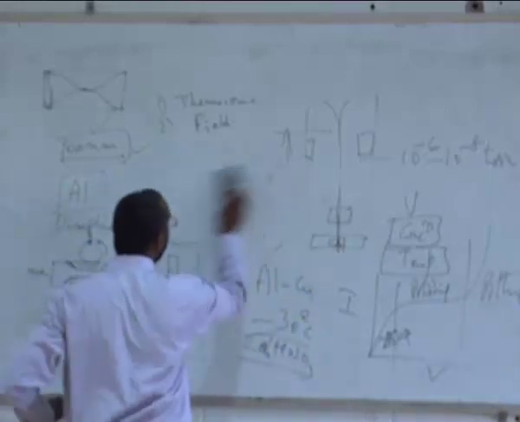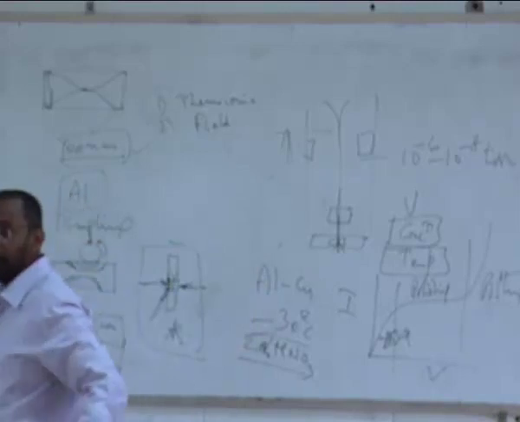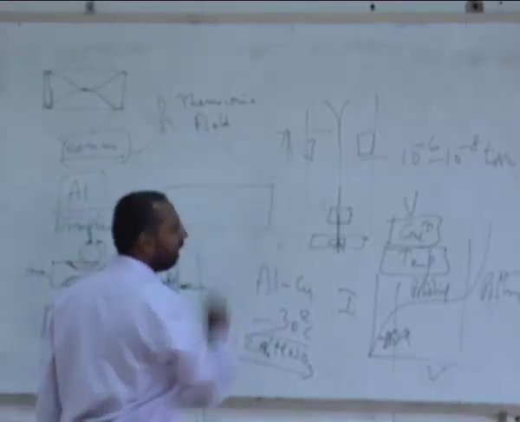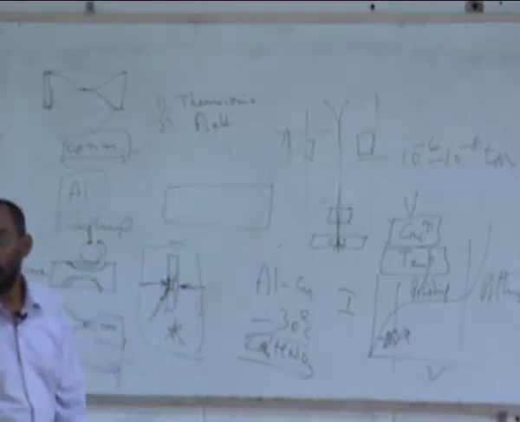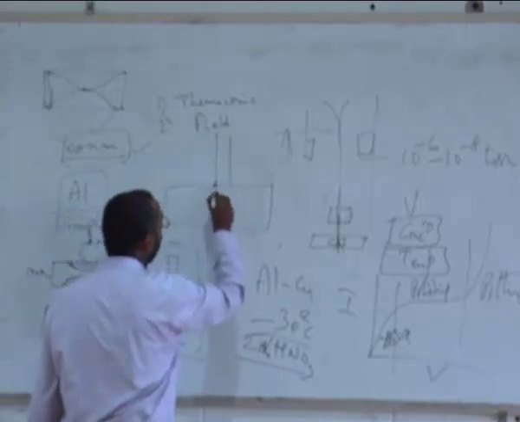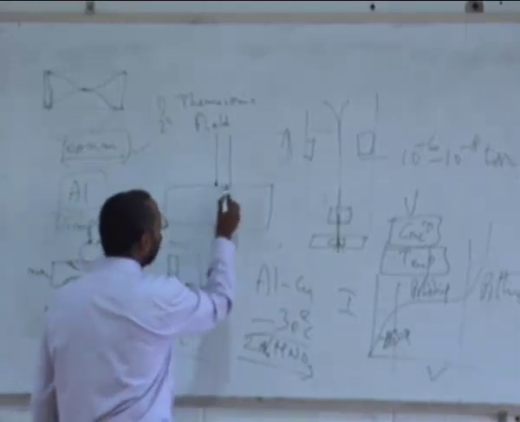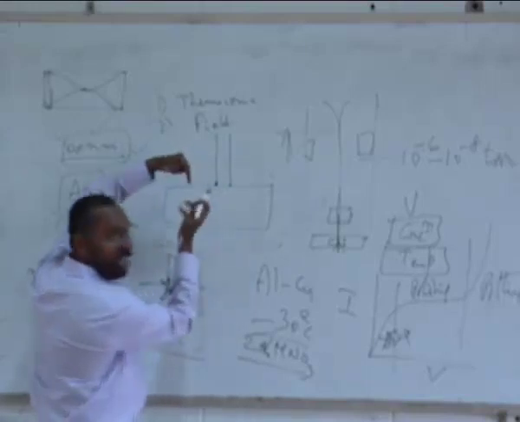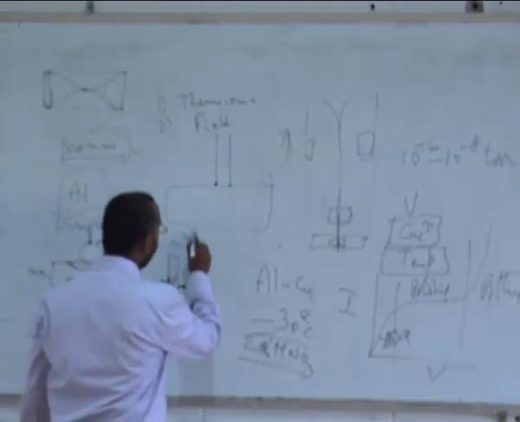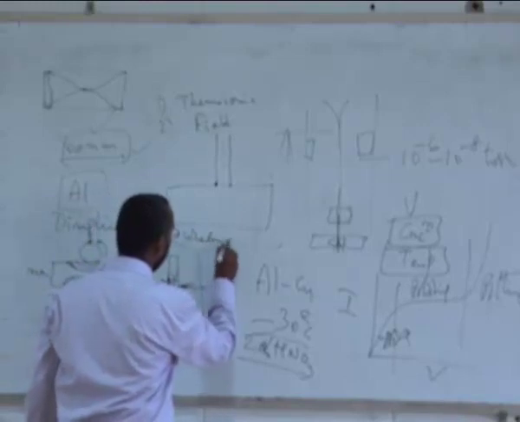Have you ever seen a boring machine? Similar to a boring machine, if you have a plate of ceramic material, you can use a cylindrical boring machine with a diamond tool, which we call an ultrasonic disc cutter.